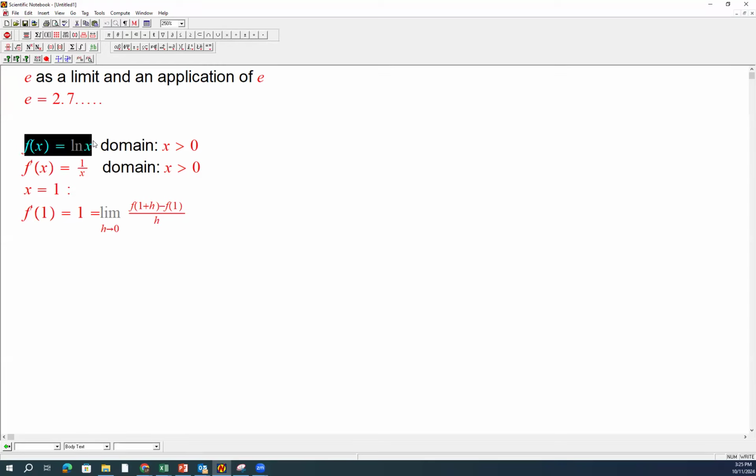From the function, we can tell what f of 1 plus h and f of 1 are.